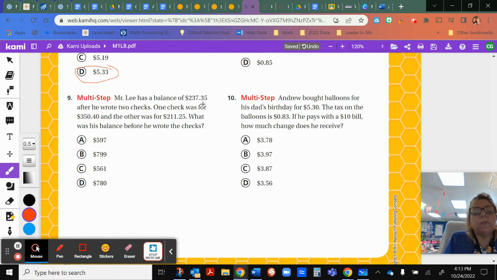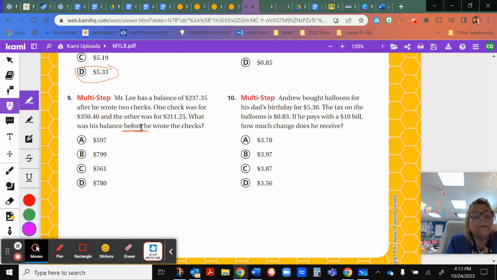All right, let's look at number 9. Mr. Lee has a balance of $237.35 after he wrote 2 checks. One check was for $350.40. Wow. And the other was for $211.25. What was his balance before? Before he wrote his checks. All right, well, I know the after.